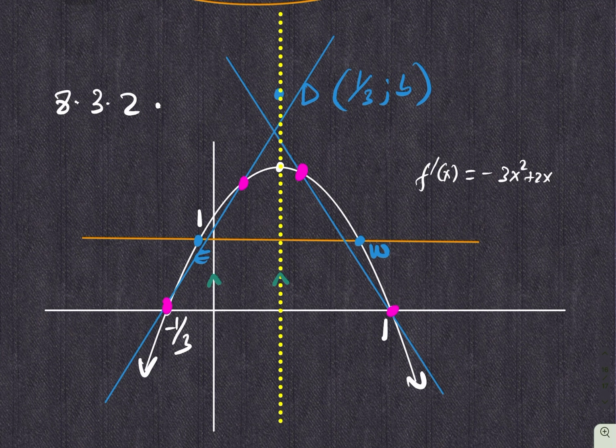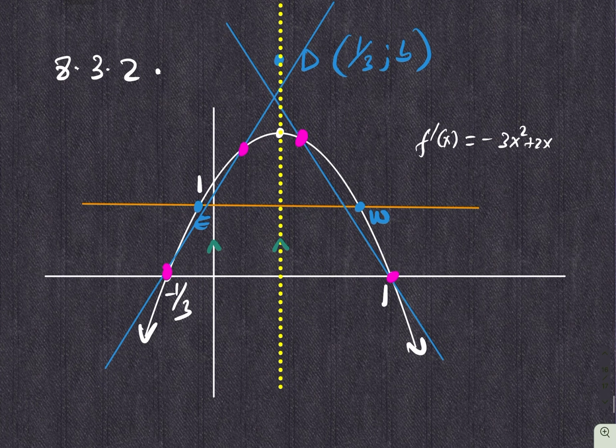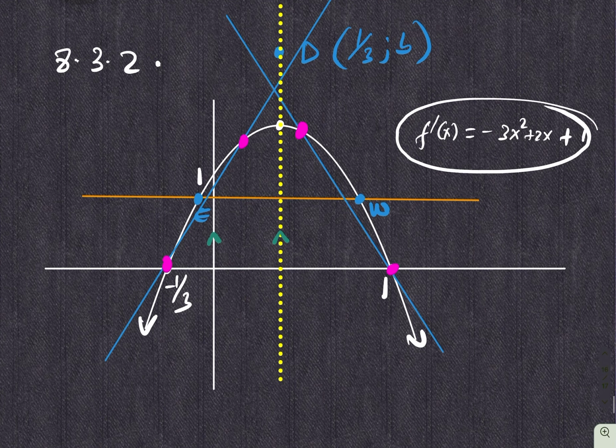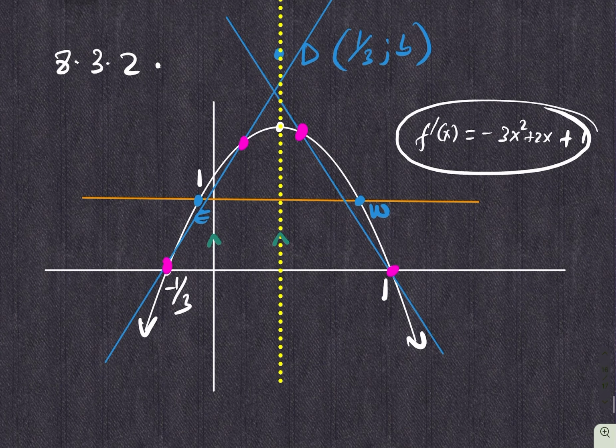So when b is less than the y value at that point, how do you get it? You are going to substitute it into this equation that you have there, and it's going to give you the corresponding y value.